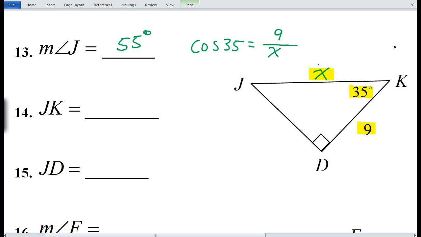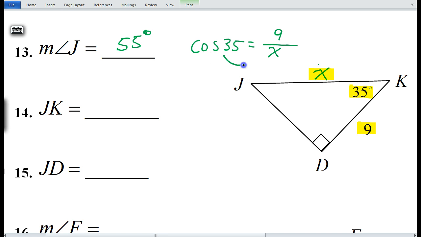All right, now focus. Do you guys remember the shortcut that I taught you a long time ago? Ronnie, do you remember the shortcut of how to solve this in one step? Yes. Ronnie remembers that we could switch the denominator with this expression on the left here, the cosine 35. Do you remember that, Siobhan?